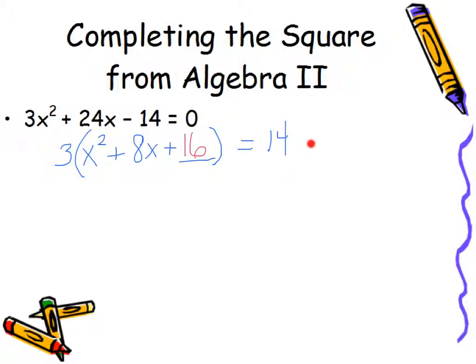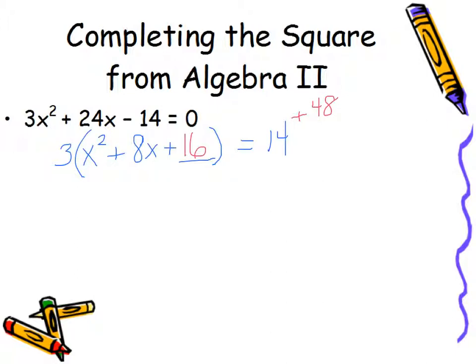And in addition to that, when I put this 16 right here, it's actually getting multiplied by this 3. So when I wrote 16, what I actually wrote was 3 times 16, which is 48. So I have added 48 to the left side, so I'm going to have to add 48 to the right side to keep it all balanced.